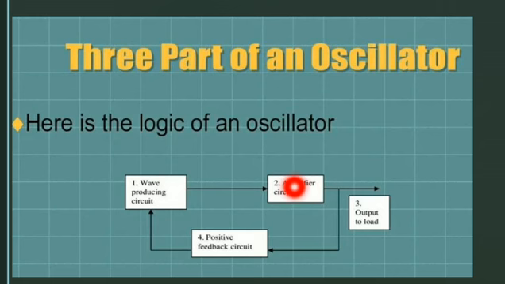The amplifier amplifies the input signal, and if the signal is weak, it is amplified and then gives the output.